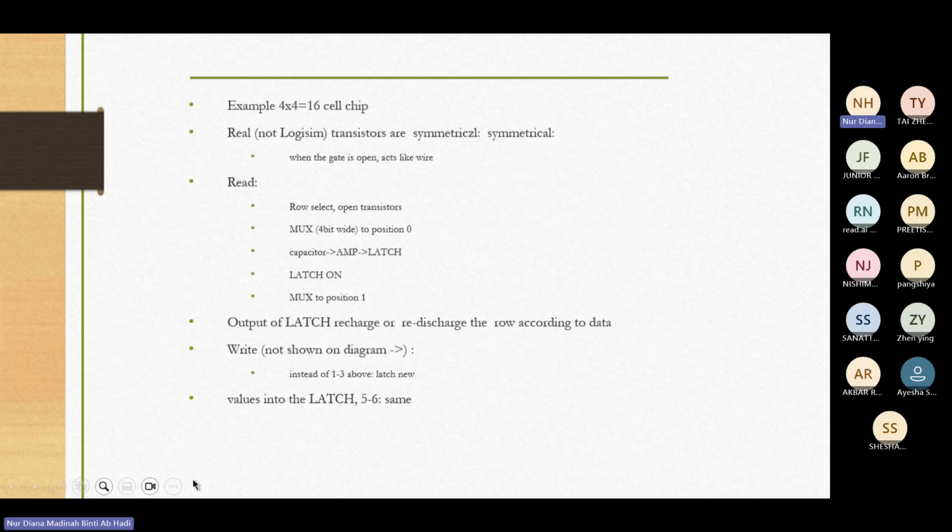Multiplexer will be positioned to 1, so the output of your latch will be recharged or discharged or redischarged, depending on the row according to your data. So the value into the latch will be the same.